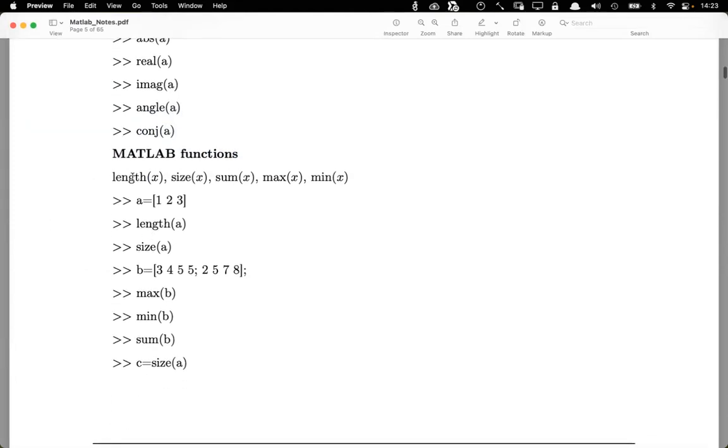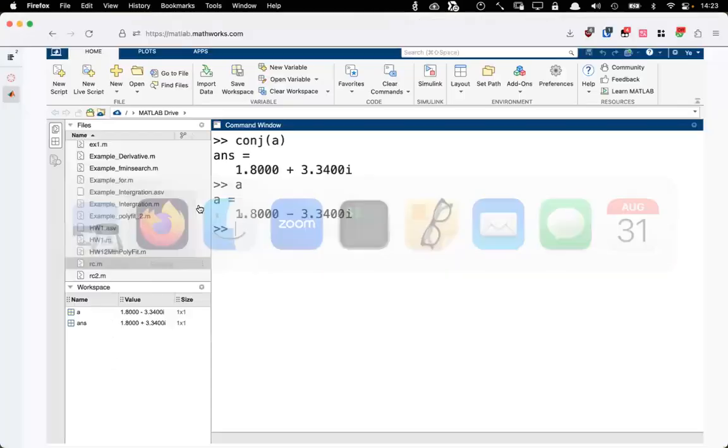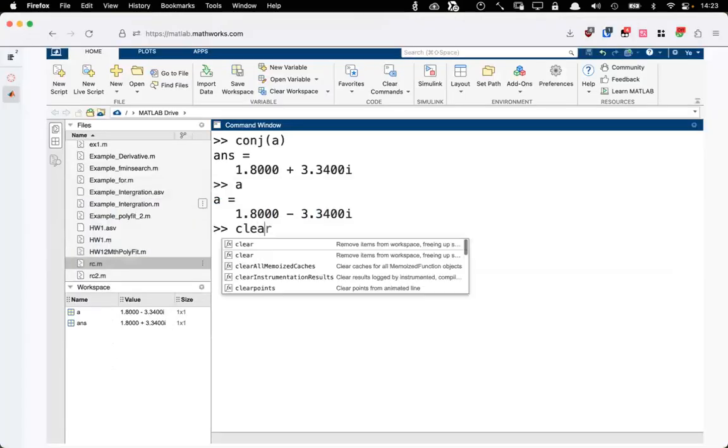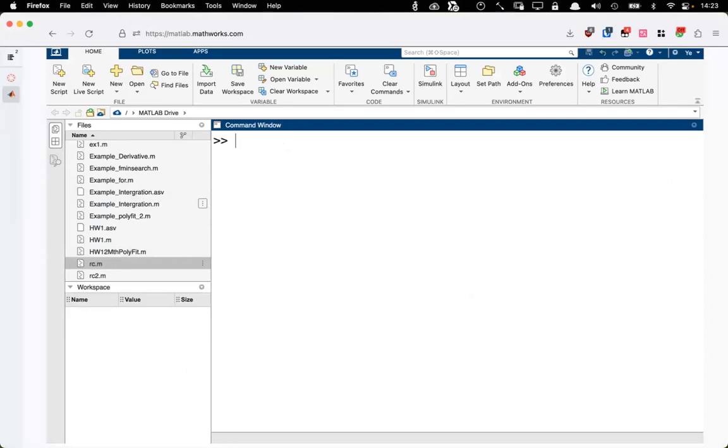MATLAB functions. Length, if you have a vector. So this is a row vector. Let's clear everything. clc. A equals 1, 2, 3. You can see this is a 1 by 3 vector, a row vector with 3 elements.